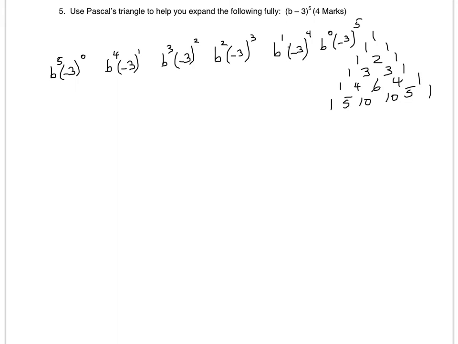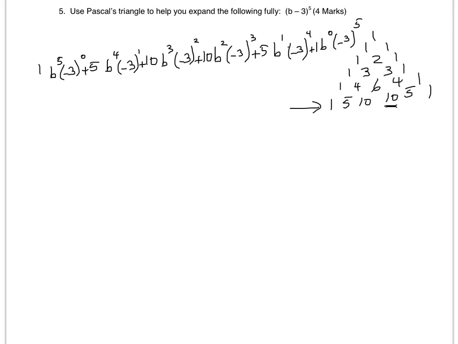Now the coefficients of each term are from this row in Pascal's triangle. So it's going to be 1, 5, 10, 10, 5 and 1. Now I'm going to simplify it.